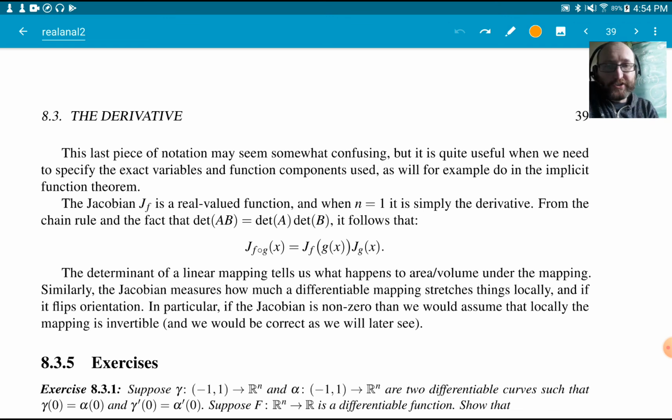So the Jacobian determinant of the composition is just the product of the Jacobian determinants of the derivatives.